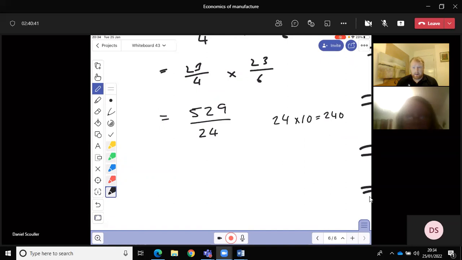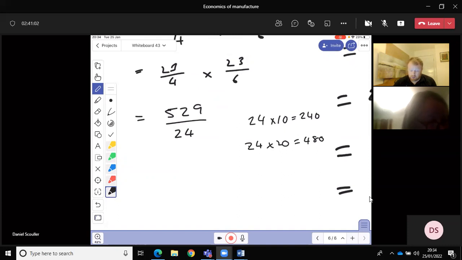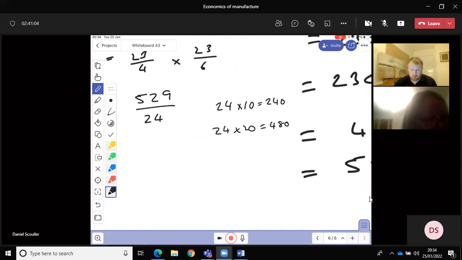If we had another 10 of them, we would just have double. So if we had 24 times 20, we'd have 480. So if we had 480, we're getting closer to that figure and we just start adding on 24s.